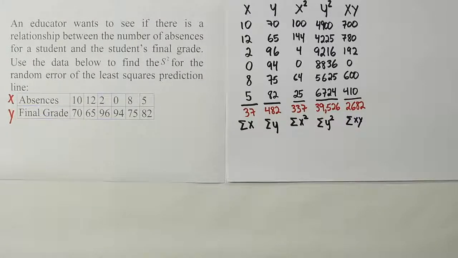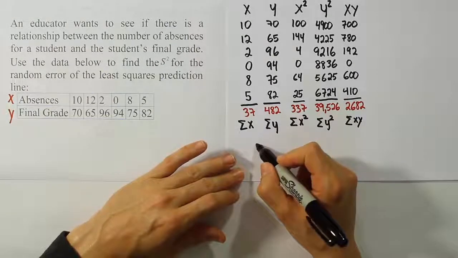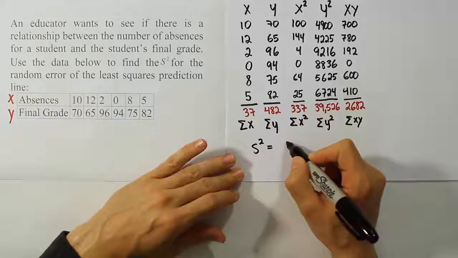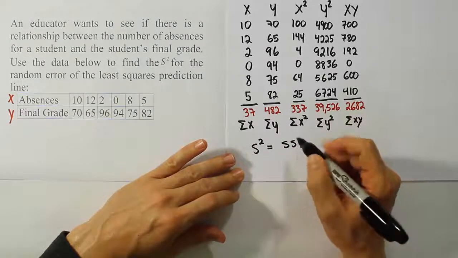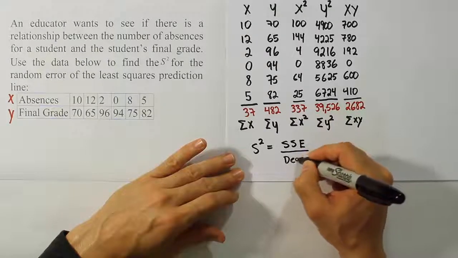Now, the next step is to figure out the formula for the S squared value. So for that sample variance, what's the formula? The formula is actually something called the SSE. So S squared is equal to the SSE over the degrees of freedom.